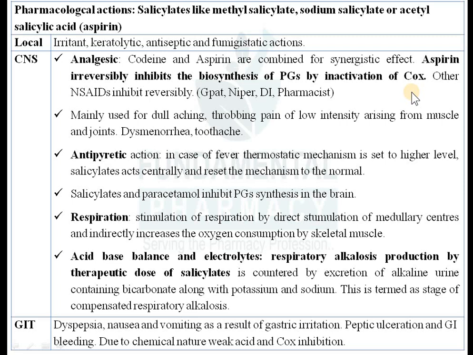And the other drugs are reversible. That's how it prevents the formation of prostaglandins and acts as an analgesic.